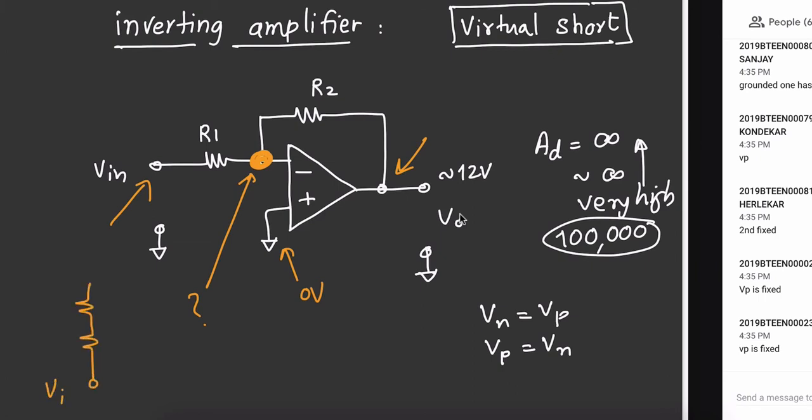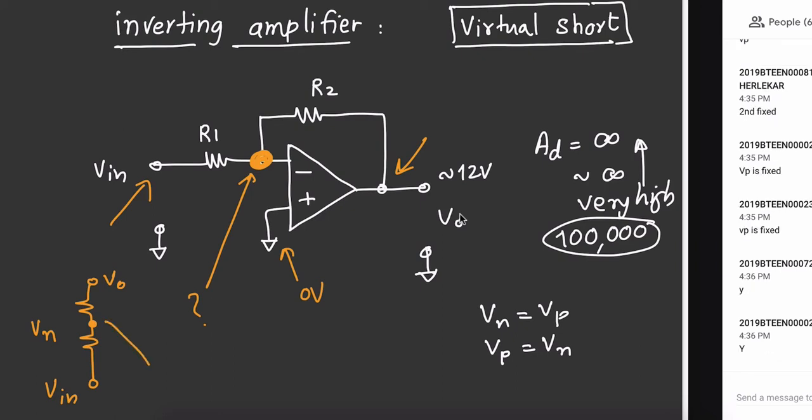Suppose I write Vin here, VO here, and then Vn here, it is the same thing, whatever is drawn horizontally. Everybody agreeing with this? So this point is adjustable because VO is adjustable. Why is VO adjustable? Because Vn is whatever we give.